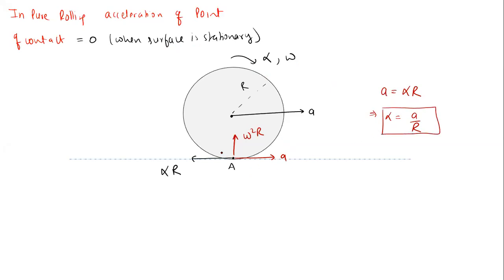So tangential acceleration should be same as the translational acceleration. Then only we can say that the acceleration of the point of contact is zero. When can you have point of contact acceleration zero? When a is equal to alpha r. Am I correct? Yes or no? So from here we get one expression that alpha is equal to a by r.